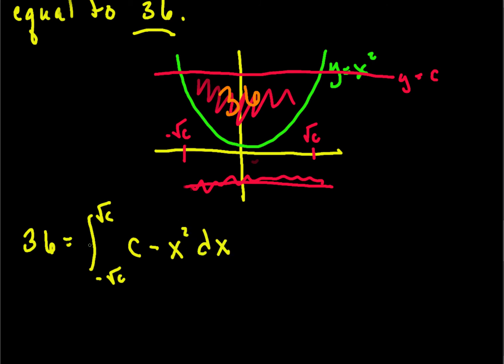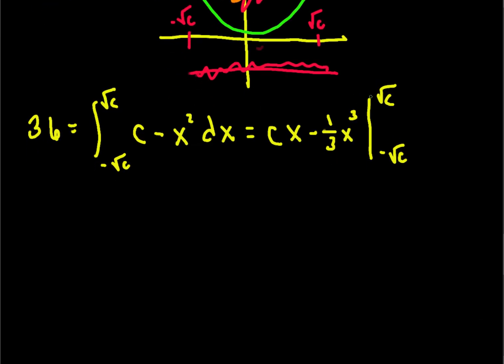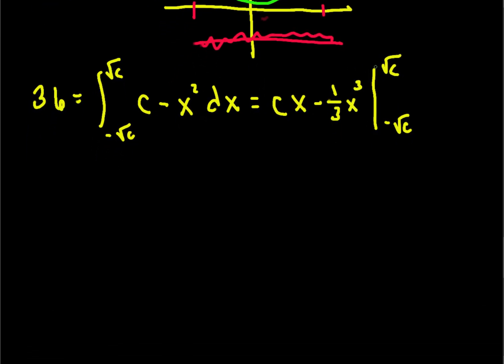So 36 has to be equal to this, and now I can use the fundamental theorem, and this is equal to c times x minus 1/3 x cubed, evaluated between negative root c and positive root c. So that's my integral.